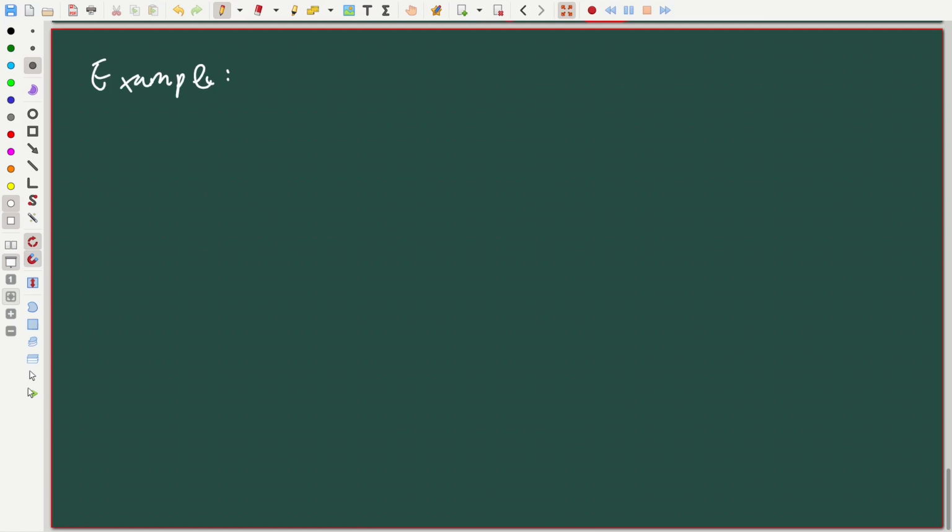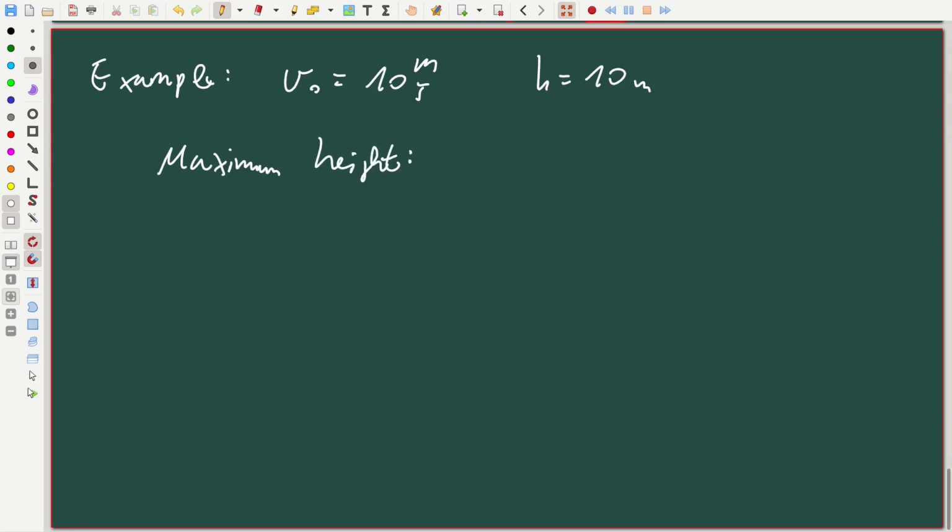So I will not draw a picture again, but we know already that our v0 is 10 meter per second. Our initial speed and our height h should be given as 10 meter. So we can calculate the maximum height as z max.